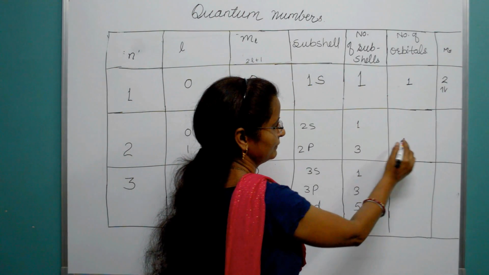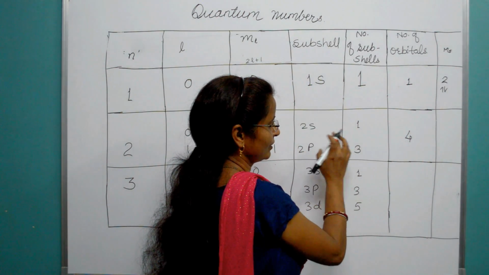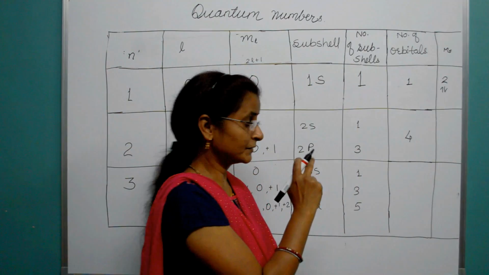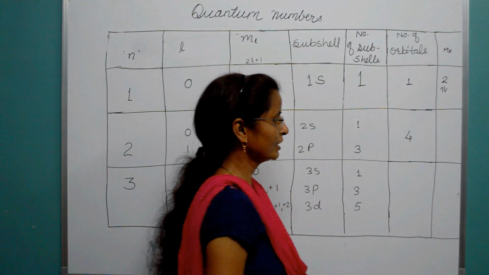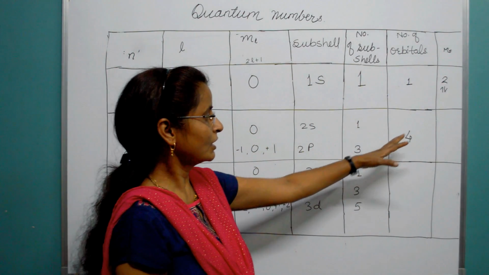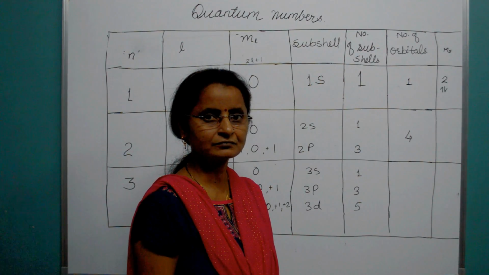So the total number of orbitals is how many? 4, meaning 1 of S plus 3 in the P subshell, 1 plus 3 is 4. Now let's see how many total electrons can be accommodated in S and P.